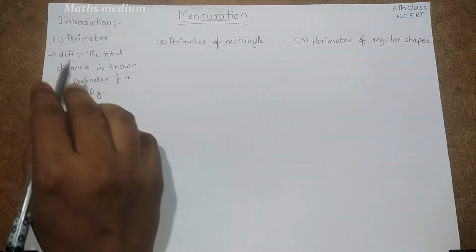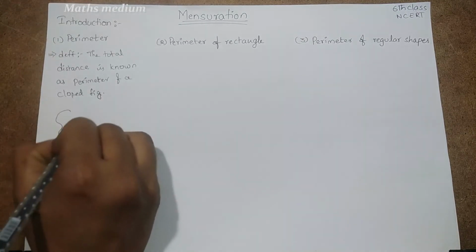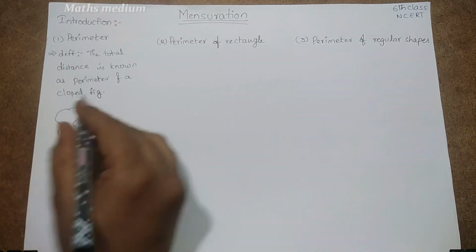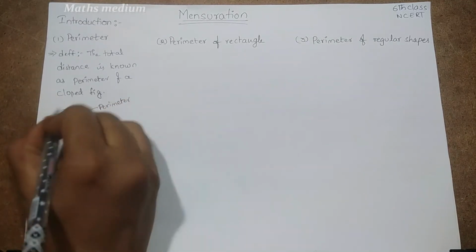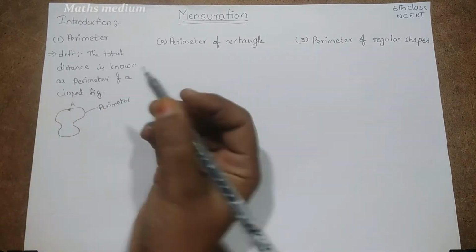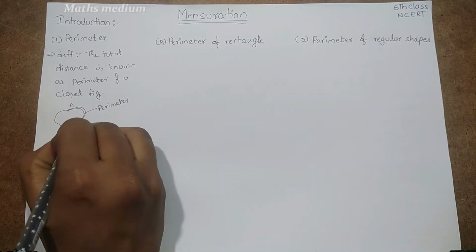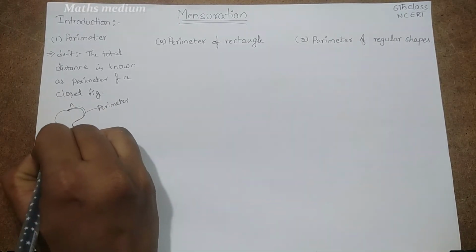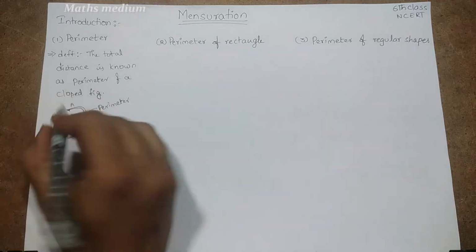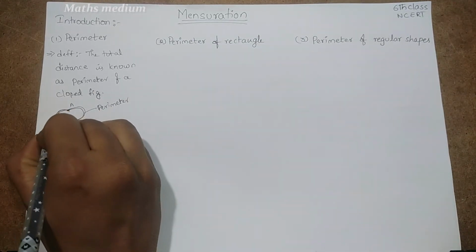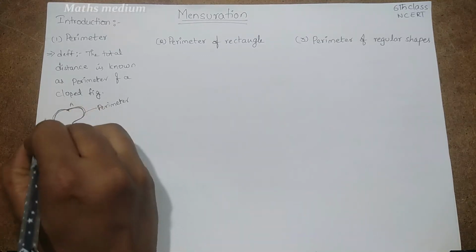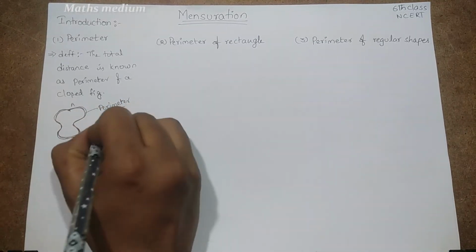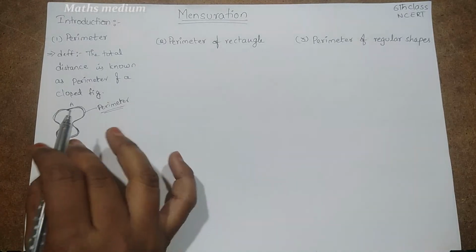See, if you take any type of closed figure, it has some perimeter. So what does perimeter mean? If you start from here, let it be point A, you have to move and measure all the boundary in that way, from point A to again come back to point A. It is called perimeter. This is a closed figure, right?